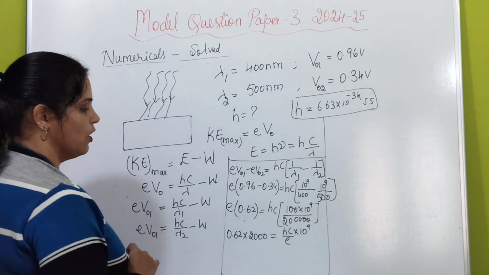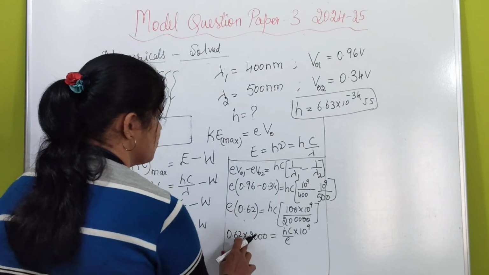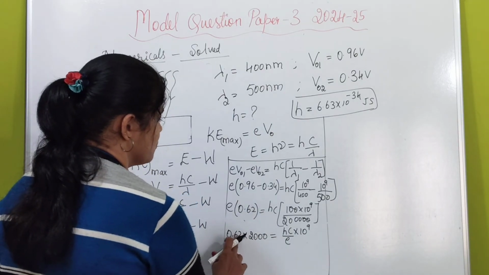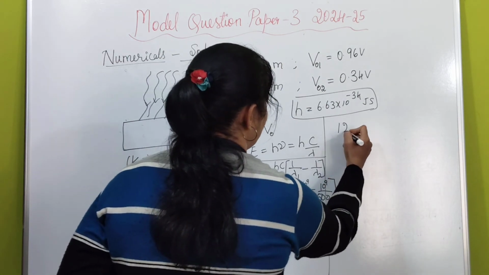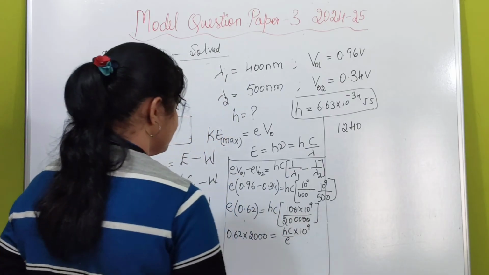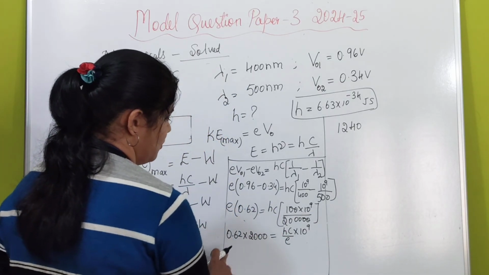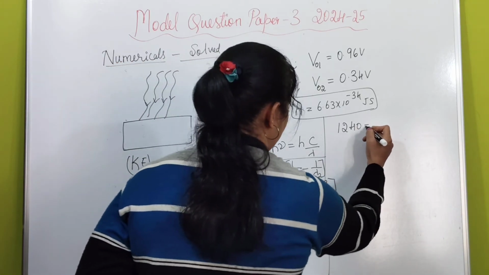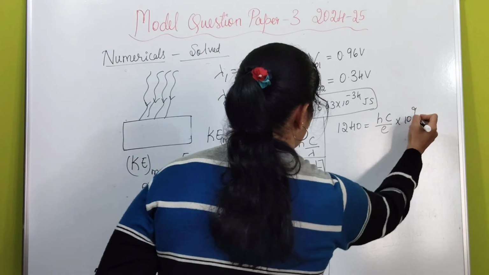Is it clear? Okay. So in the next step, I'll multiply these two. 62 into 4. 2 2s are 4. 2 6s are 12. So it is 1240. Right? After multiplying, I'll get 1240. That is equal to hc by e into 10 to the power 9.